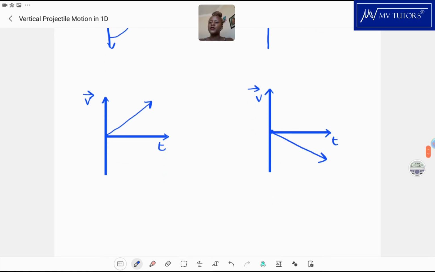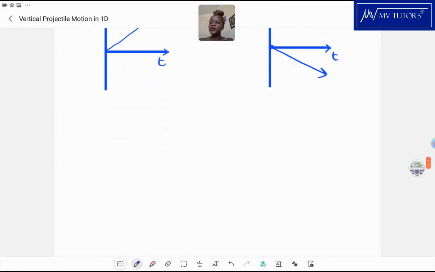Okay, if we look at acceleration, if you chose downward as positive, because acceleration is positive in a downwards direction, and remember the only force acting on this projectile, because you dropped it, is gravitational force.